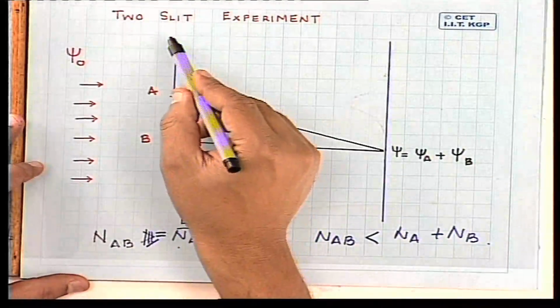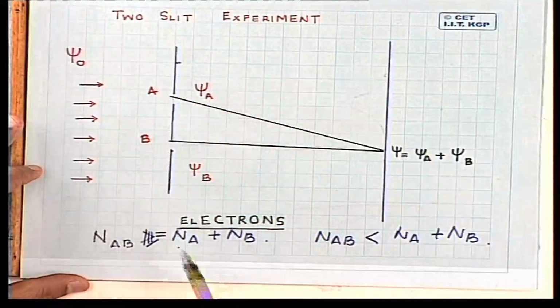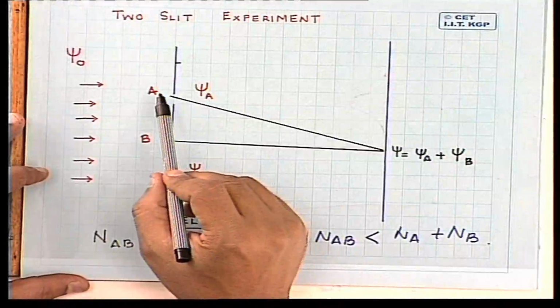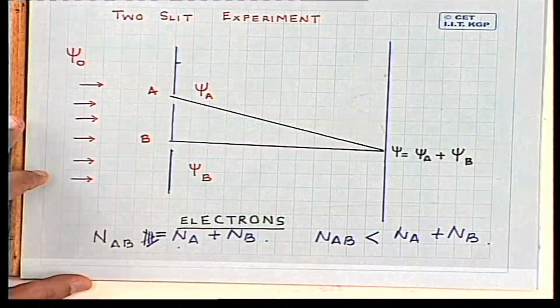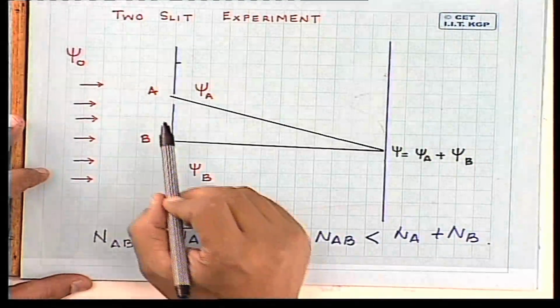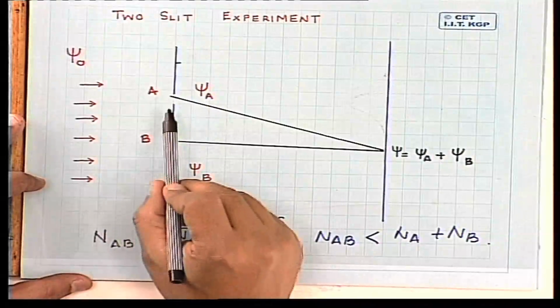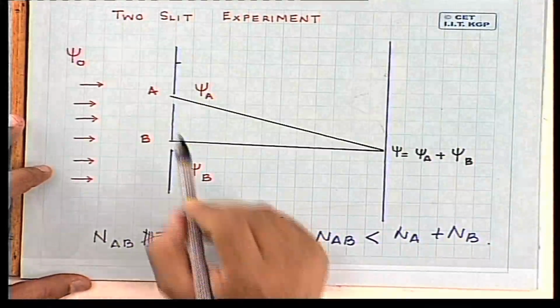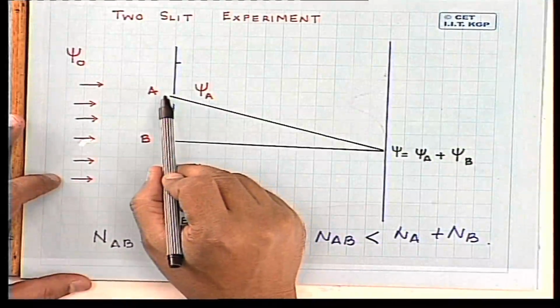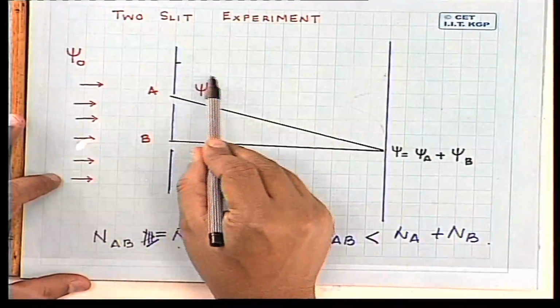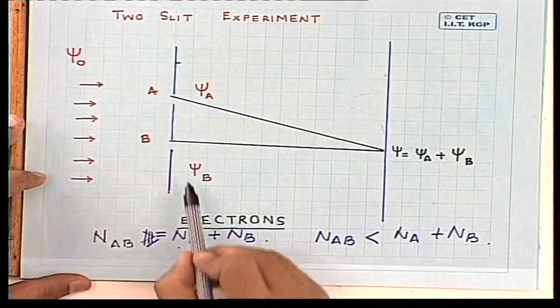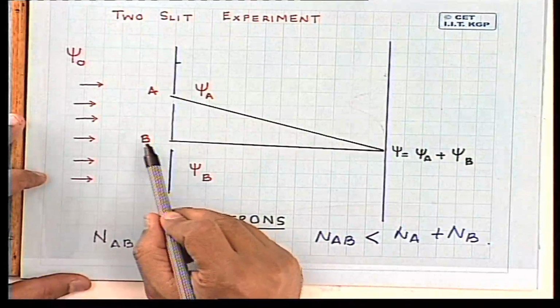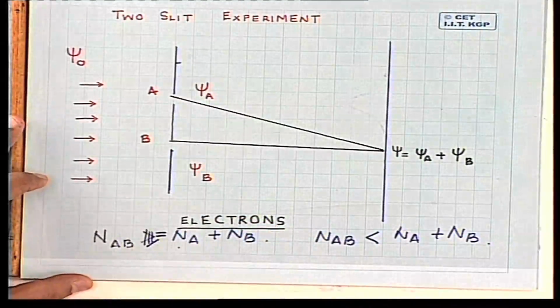When the wave encounters this opaque screen with two slits A and B, there are secondary waves which are emitted from the slit A and the slit B. So let the secondary wave emitted from the slit A be psi A, and the secondary wave emitted from the slit B be psi B.